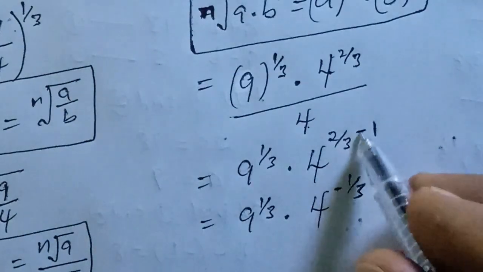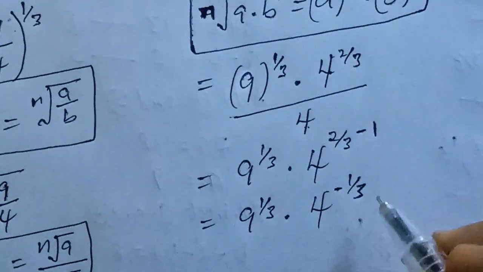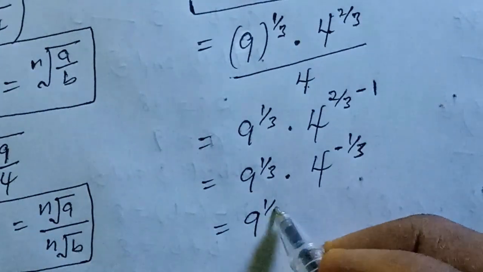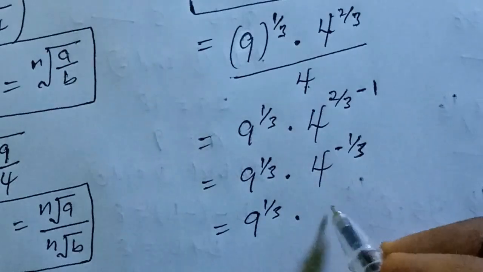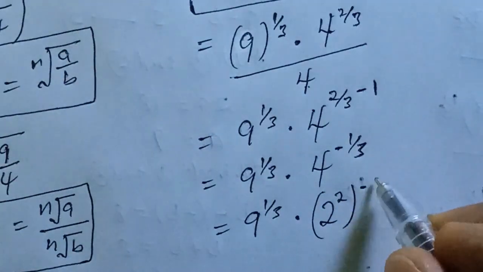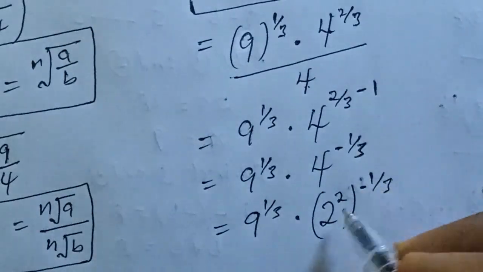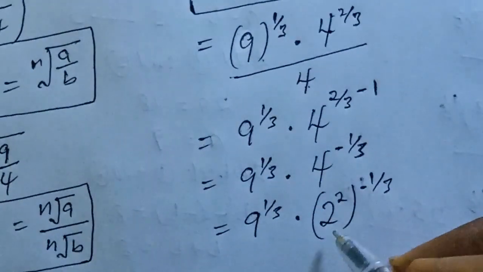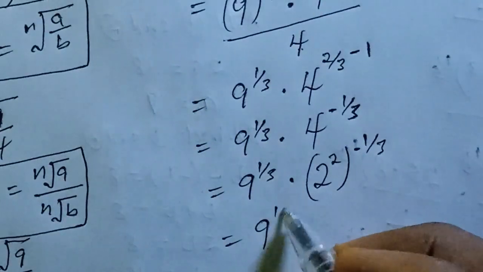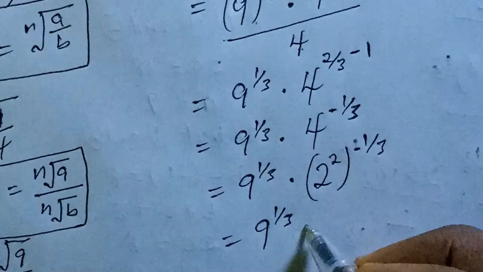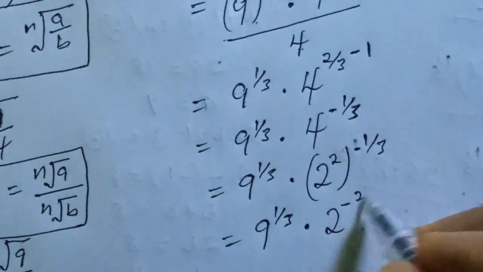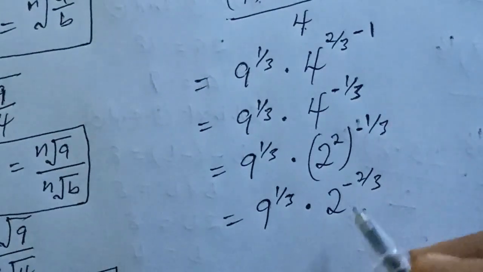Now this becomes equal to 9 raised to power 1 over 3 multiplied by 2 raised to power 2, then raised to power minus 1 over 3. If we simplify this 4, we have 9 raised to power 1 over 3 multiplied by 2 raised to power minus 2 over 3.